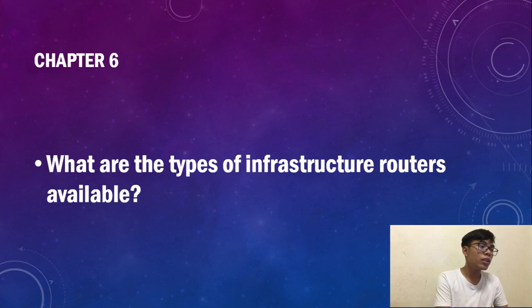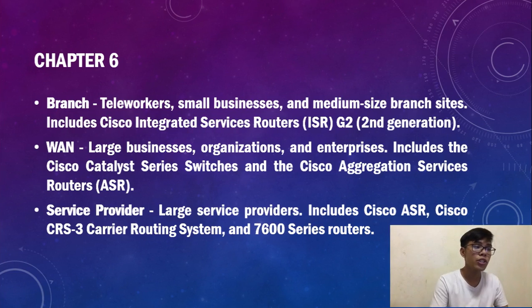What are the types of infrastructure routers available? So the types of infrastructure available are the branch, the WAN, and the service provider. The branch, for teleworkers, small business and medium-sized branch sites, includes Cisco Integrated Service Routers (ISR) and G2, the second generation.